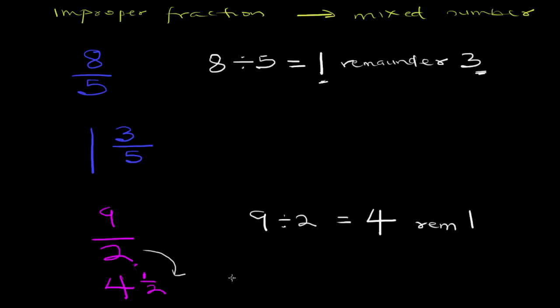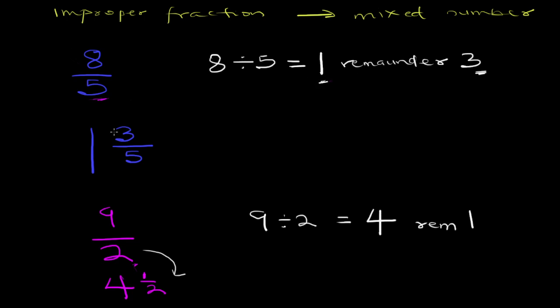All right. So I'm going to go over again what we're saying: if you have any improper fraction and you have to change it to a mixed number, what you do is pick the denominator, divide the numerator by the denominator.